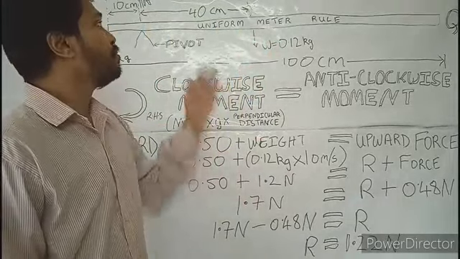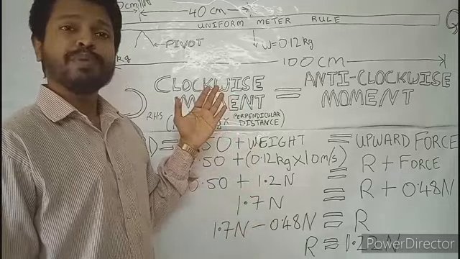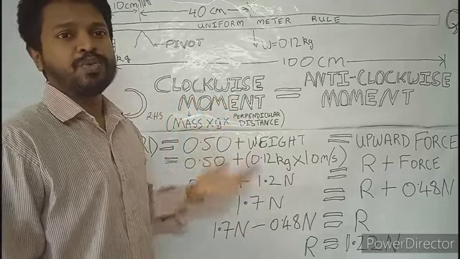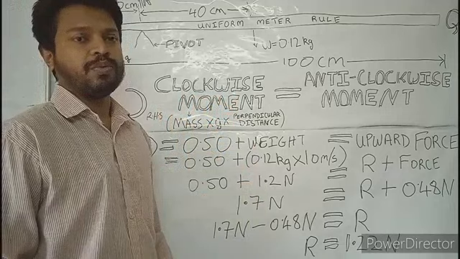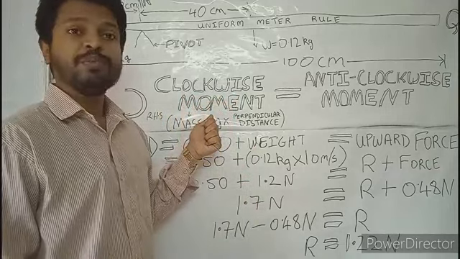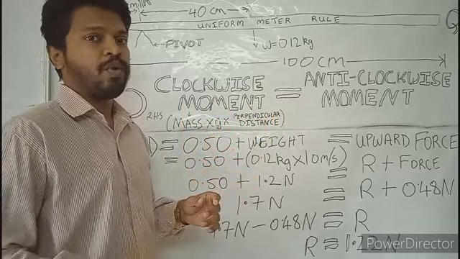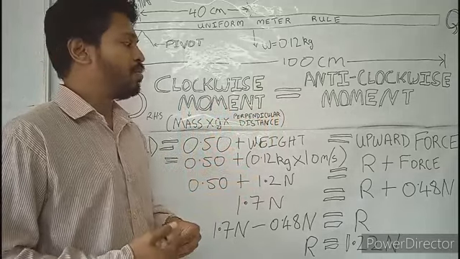So this is the resultant force we need to calculate, that is R. How will we calculate R? We will use the same formula which we used in question 2, part 2, where we used clockwise moment equal to anti-clockwise moment. You are already aware of what clockwise and anti-clockwise moments are.